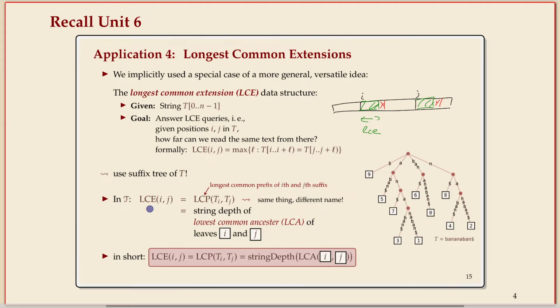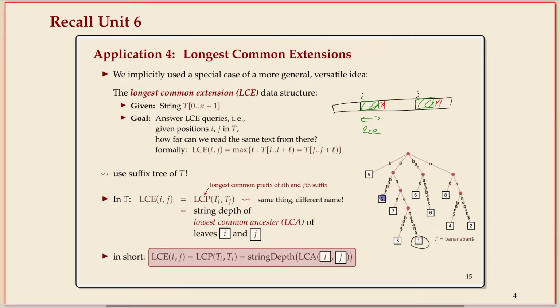At the time, we noted the longest common extension of two positions in a string is the same as the longest common prefix of the suffixes that start at that position. That sounds complicated, but it's just renaming. And we've seen this in a suffix tree, like here, you've seen this example.